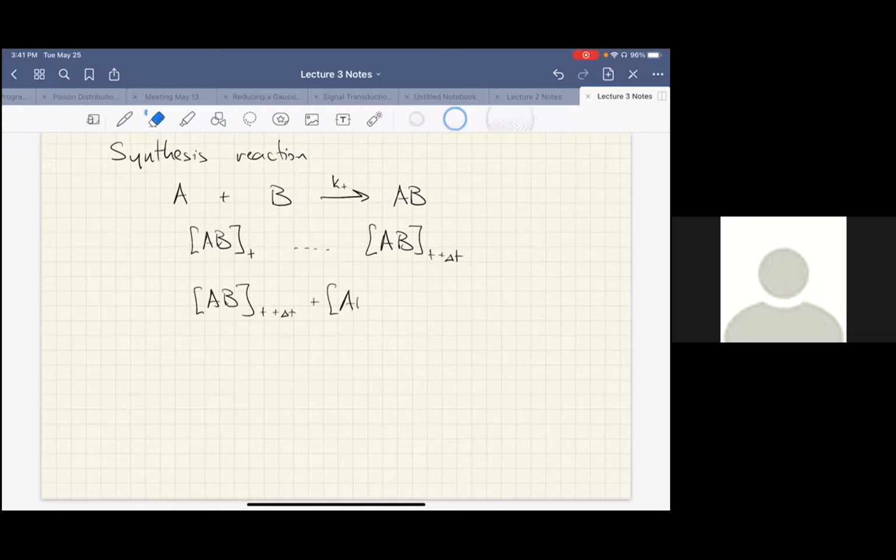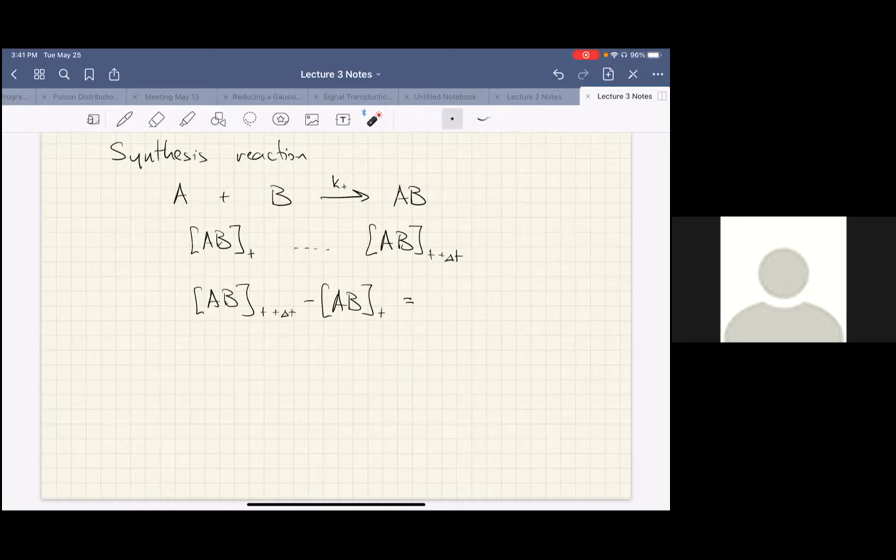Sorry, let me just back up here. What will that change be? Well, we have these individual components A and B, and they are forming the compound AB.